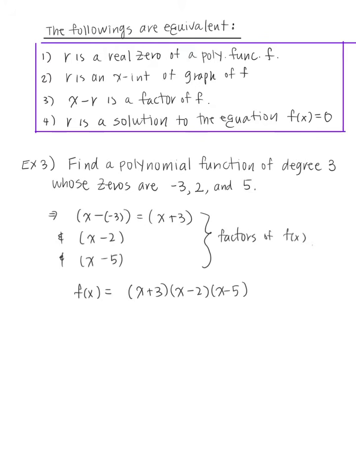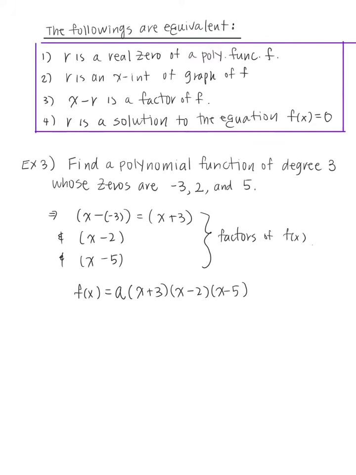Now, I left the leading coefficient here to be 1, but remember, I'm just asking you to come up with a polynomial function, right? So you can get fancy here and put 10 or 5 if you want to, or in general, let me just denote it as a. A is some real number. Now, let's just check to make sure that this is going to turn out to be degree 3.